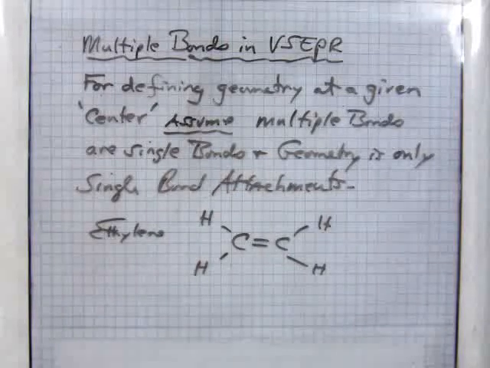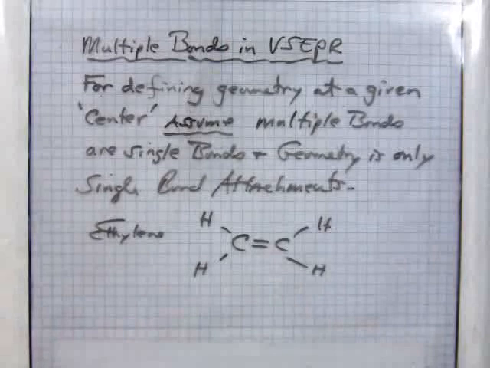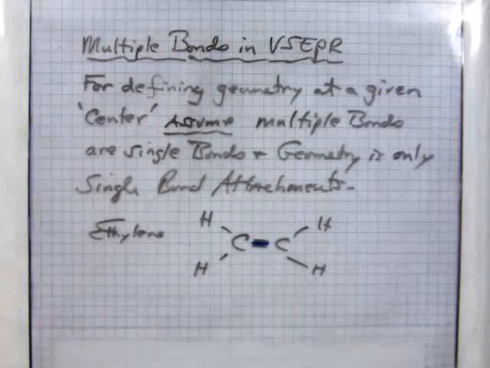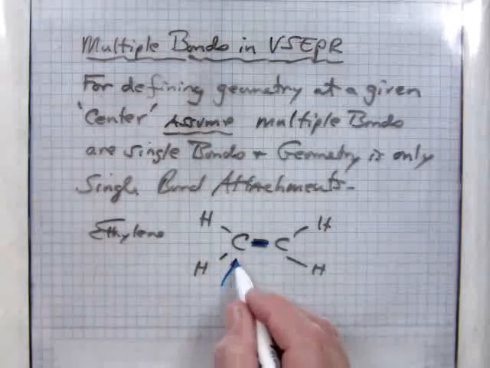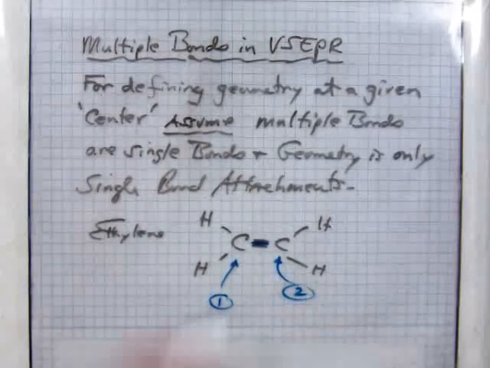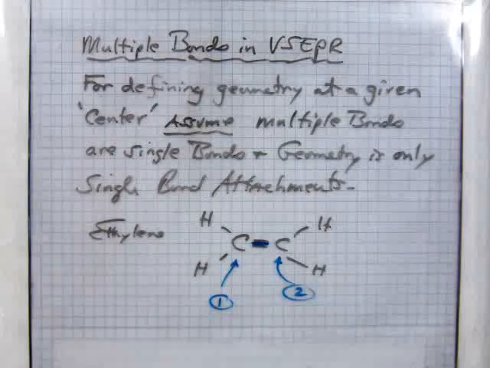Using the rule I just gave you, you make this double bond into a single bond mentally. It's not really changing or doing anything. It's just a way to tell what's a center. This carbon is carbon number 1, and this carbon is carbon number 2. What you do is you define the geometry around carbon 1, and then go to 2, and then if there's more, 3, and on up, like that.